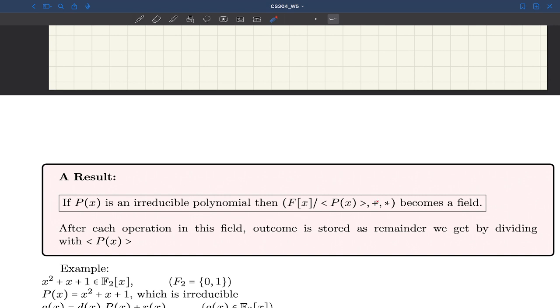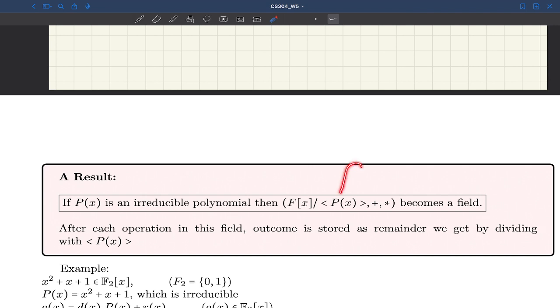And you know what a field is. A field has some axioms, and those axioms should be followed. So not every kind of px will make it a field. Only when px is irreducible will this combination become a field. I'm not providing the proof, but it is true.